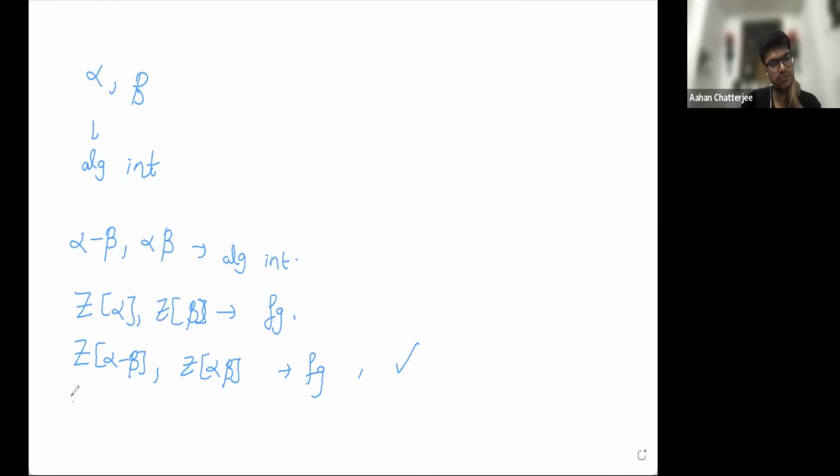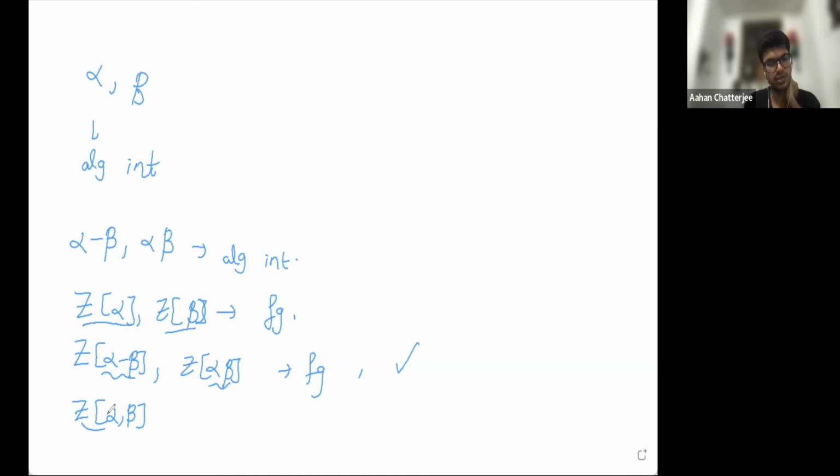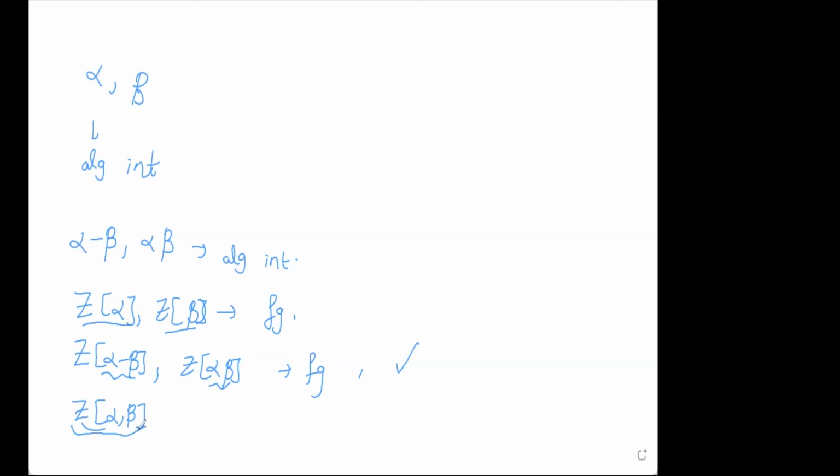So now we try to consider Z[alpha, beta]. This is a natural choice because both alpha minus beta and alpha beta are in this combination. Since this is finite and this is finite, this is finite as well.